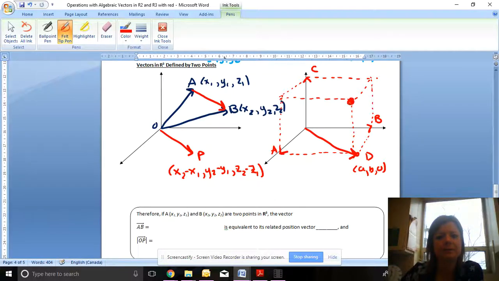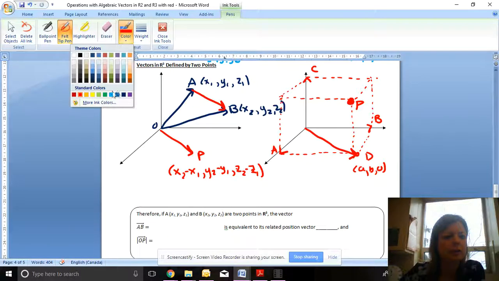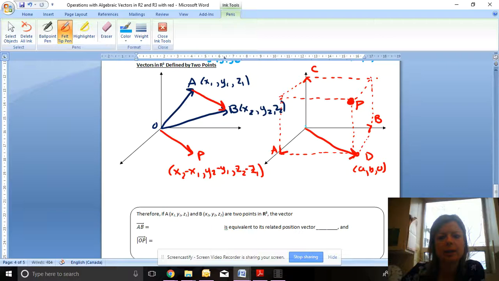So there is your vector P. We'll draw OP from the origin out to there. Notice that the magnitude of OP squared is equal to the magnitude of OD squared plus the magnitude of OC squared, because DP here is an equal vector to OC.